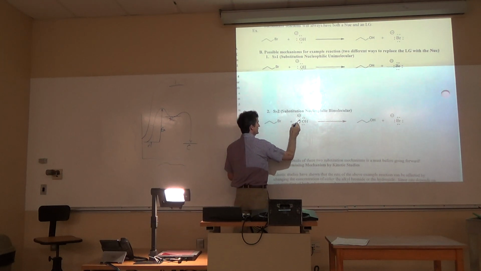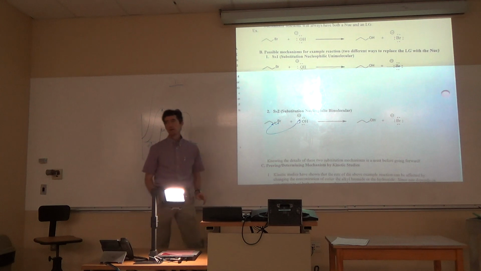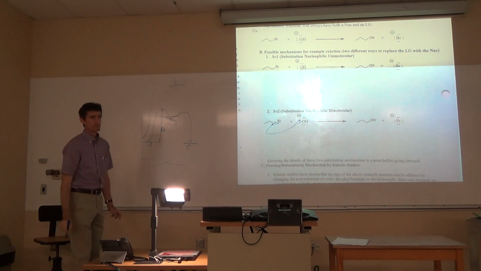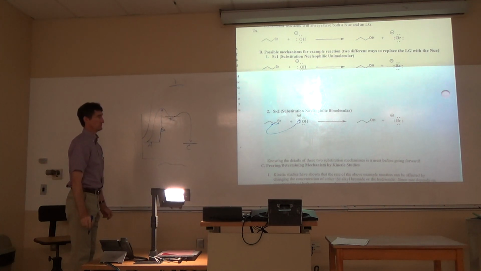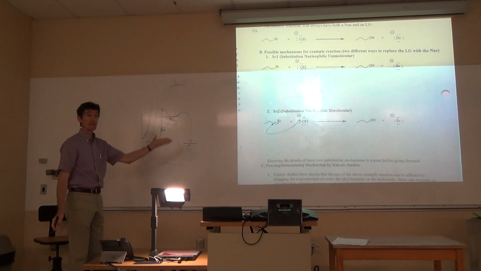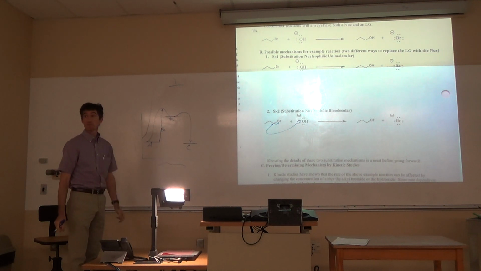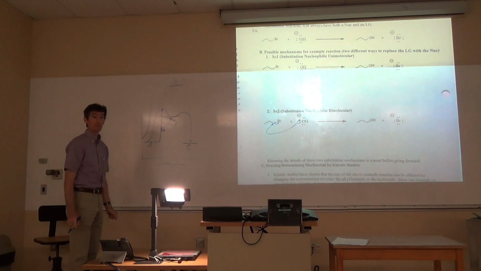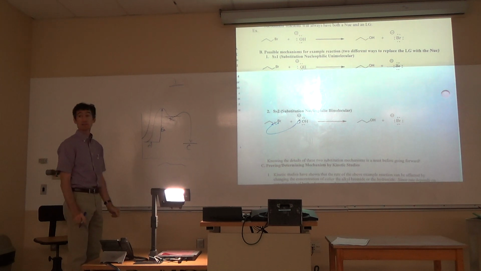These electrons could just come in here and kick it off. Is that it? What does that arrow movement give? The products. All those two arrows give products. Everybody see that? There's your mechanism.